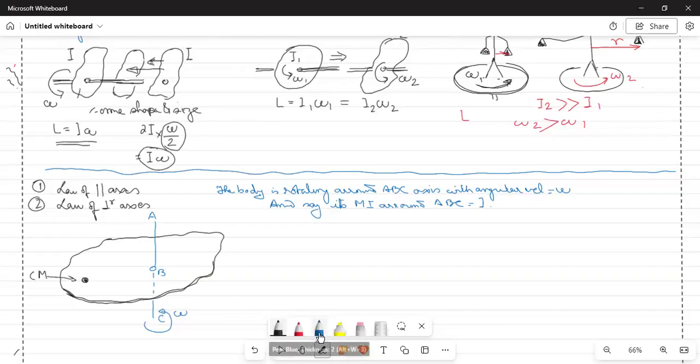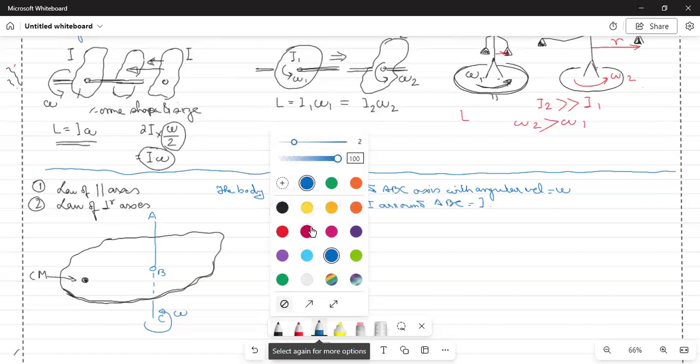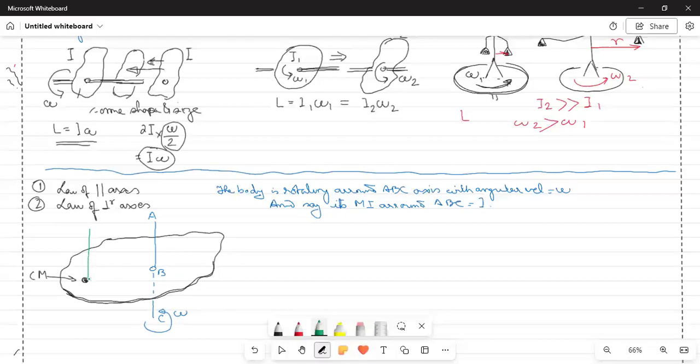Now, if we draw an axis through the center of mass, let us say this axis is D, and its center of mass is at O, and a hypothetical axis through the center of mass.